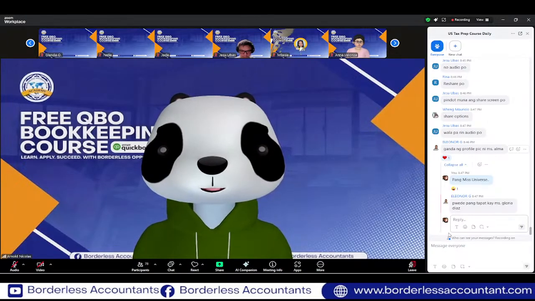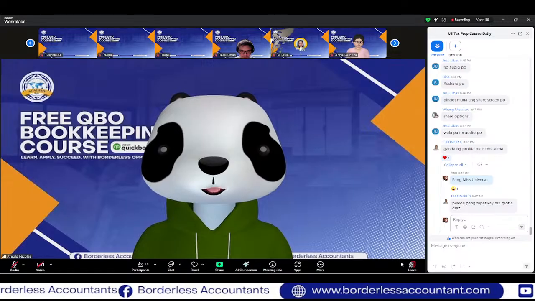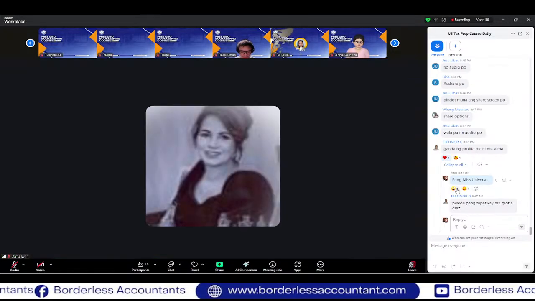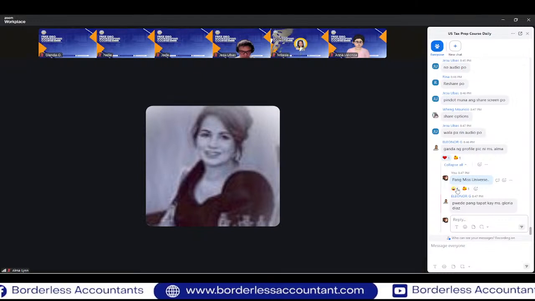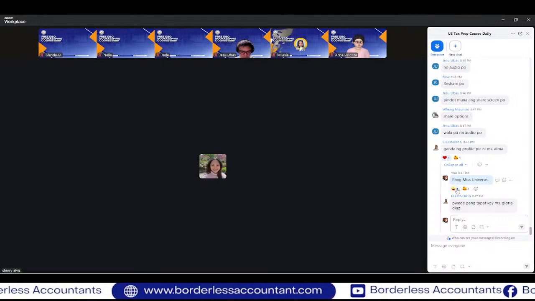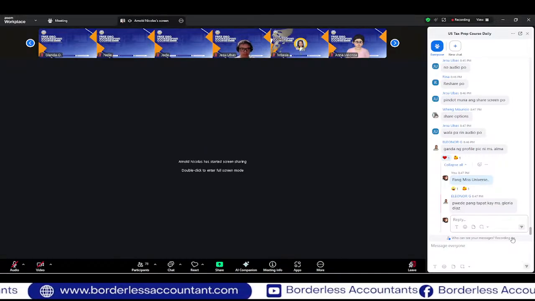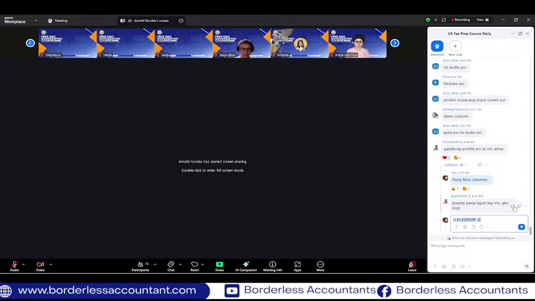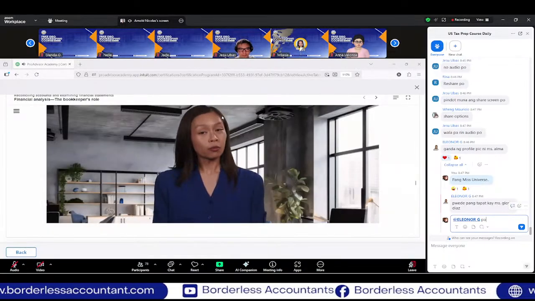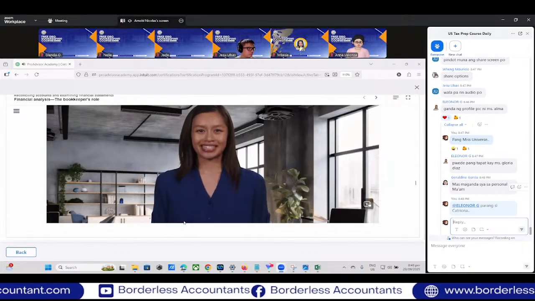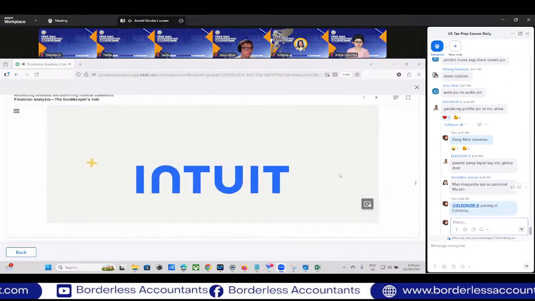Do you need to click on share Zoom windows? No, just share sound, right? Yes po. Wala pa rin.